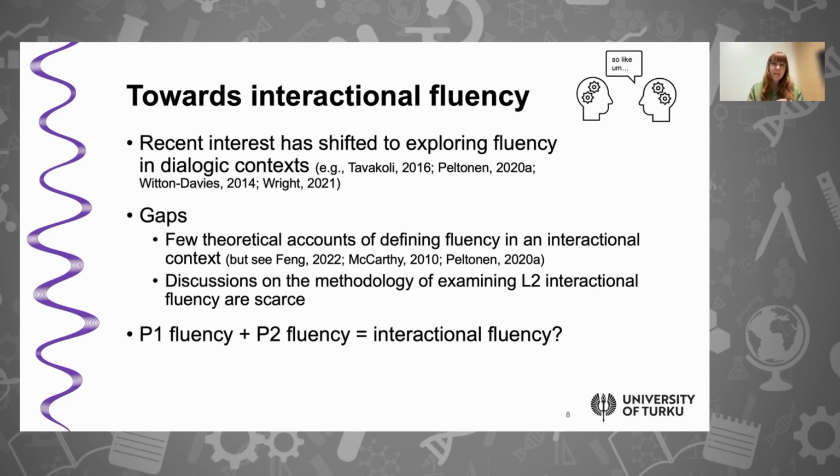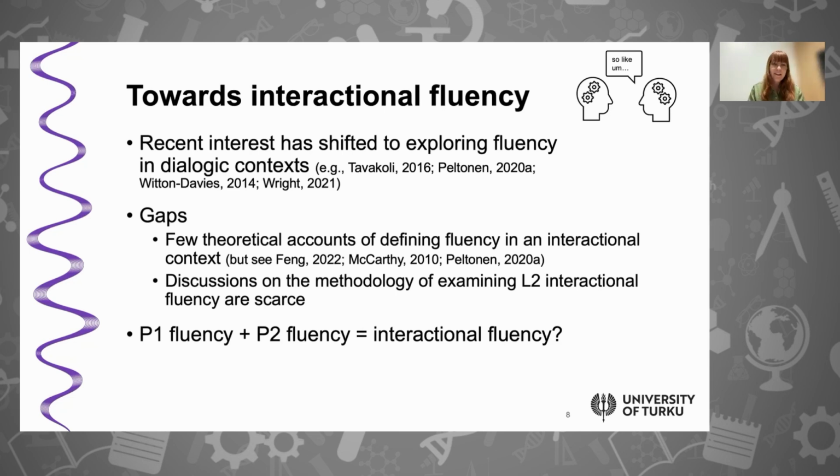So for the sake of the ecological validity of our studies, it's important to explore these settings as well. But compared to the frameworks and characterizations of individual fluency, there are fewer theoretical accounts on how to define fluency in these interactional settings, and also related to the methodologies, it's less clear what are the best measurements for capturing interactional fluency.